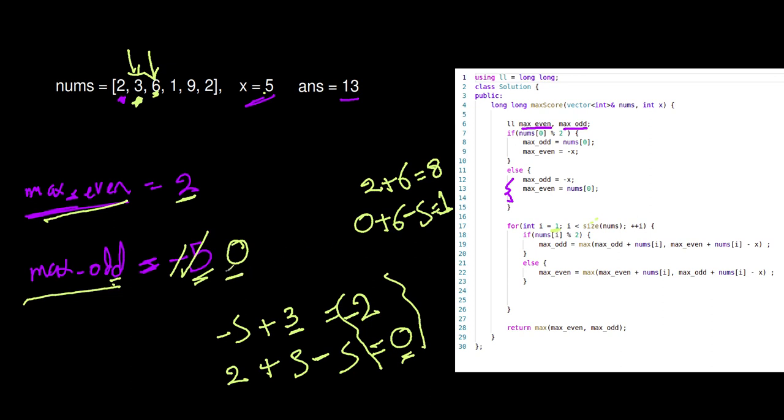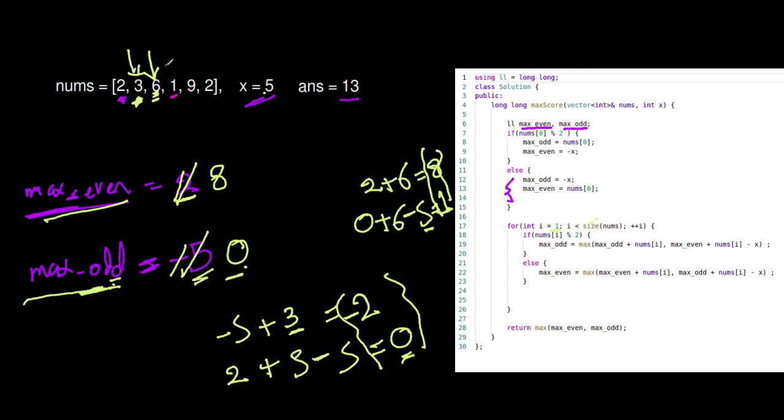We are doing the cost here because the current value is even, so moving from odd to even will cost 5. What is the maximum of these two numbers? 8. So we update the max even, since this is even, to 8.